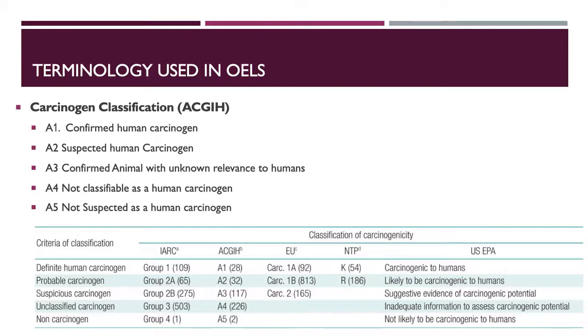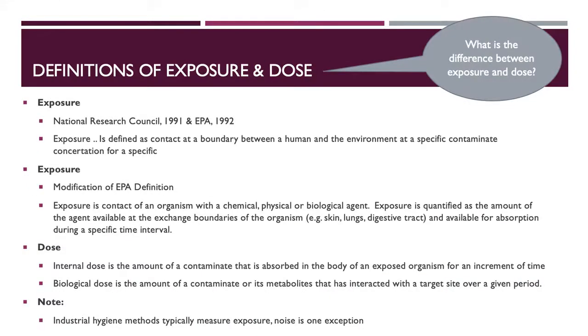And I put the classification table down there so you can see how different groups divide out these levels of designations for chemicals in which there may be a carcinogenic effect associated with them.